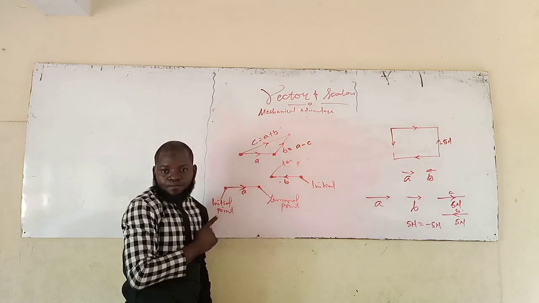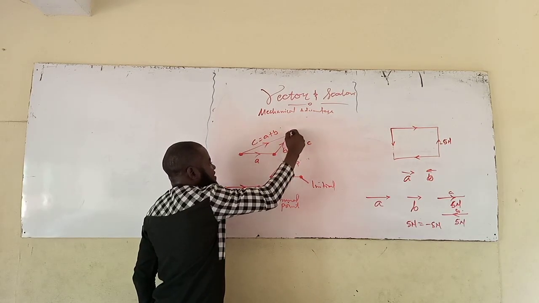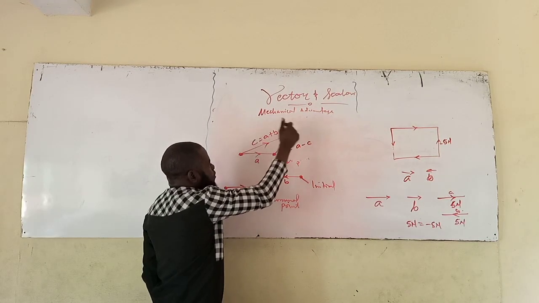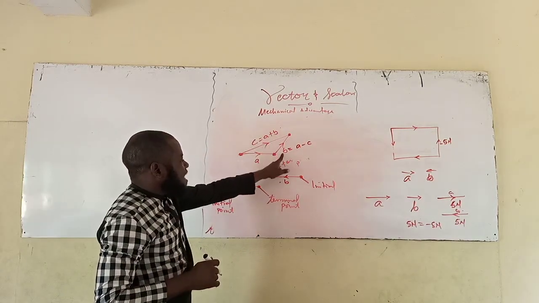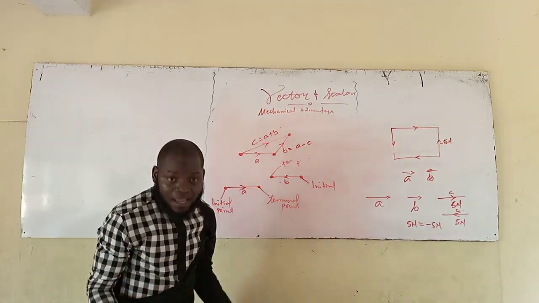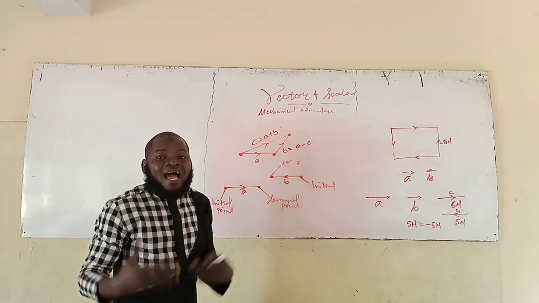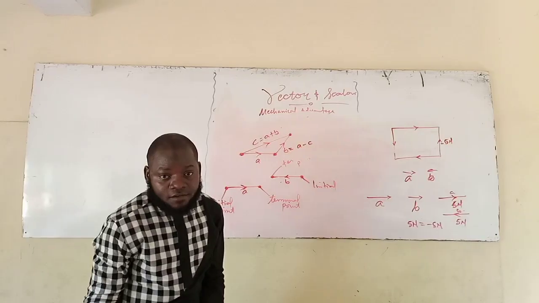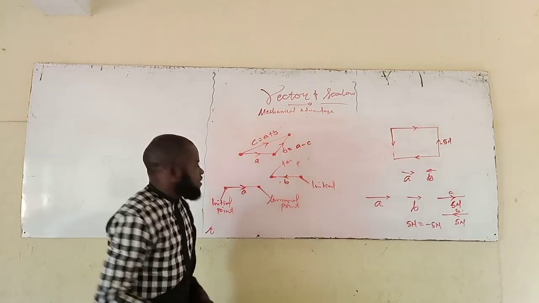Now let us consider C and B. For C and B, if you look at the terminal point of B, it is this point. The terminal point of C is also this point. The terminal point of C and the terminal point of B are the same thing, isn't it? And if terminal point and terminal point are the same, are they in the same direction or opposite direction? Correct. They are in opposite direction.